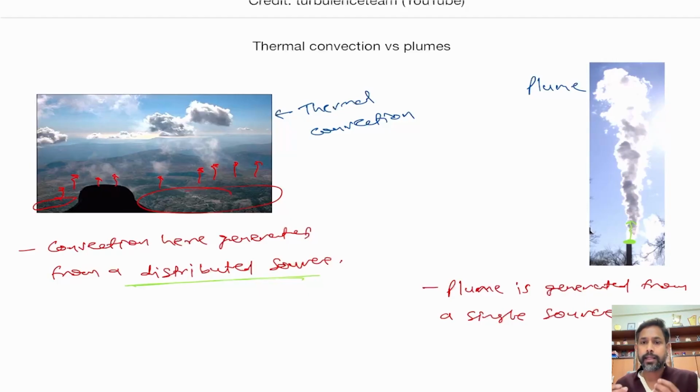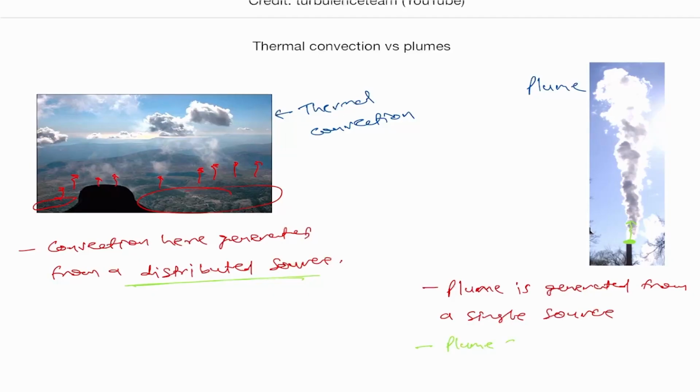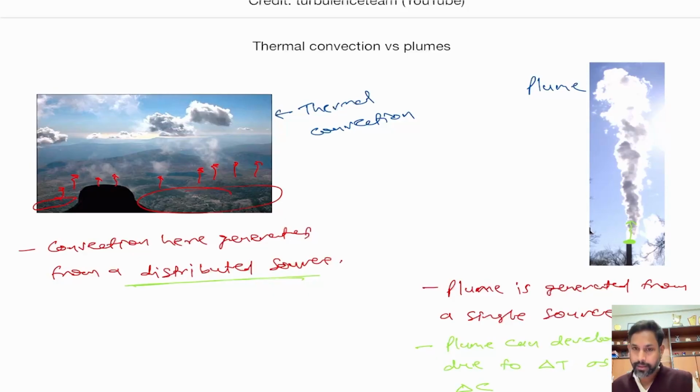So plume is also a type of convection, but that is happening from one single point rather than from a surface area. Okay, and other thing is, in case of plume, it can develop both due to delta T as well as delta C, right? And what is delta C? That is the concentration difference, right?